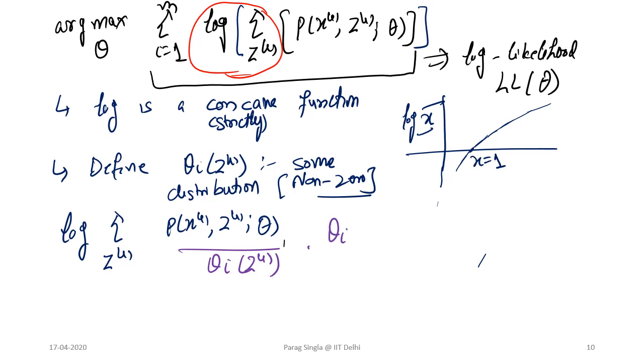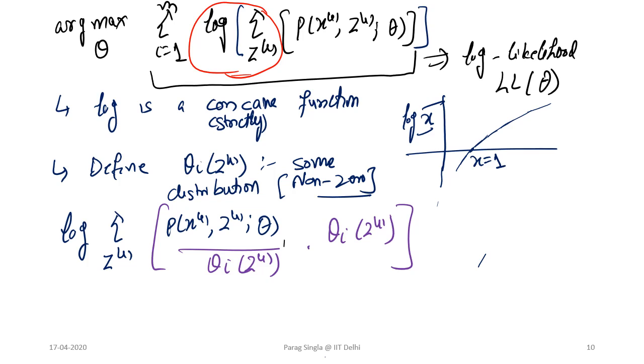This is clearly equal, assuming that qi zi does not vanish at any zi, to the original log of this expression. I've omitted the outside sum over examples just to keep the expression simpler. These two are equivalent, the original log likelihood and this expression.